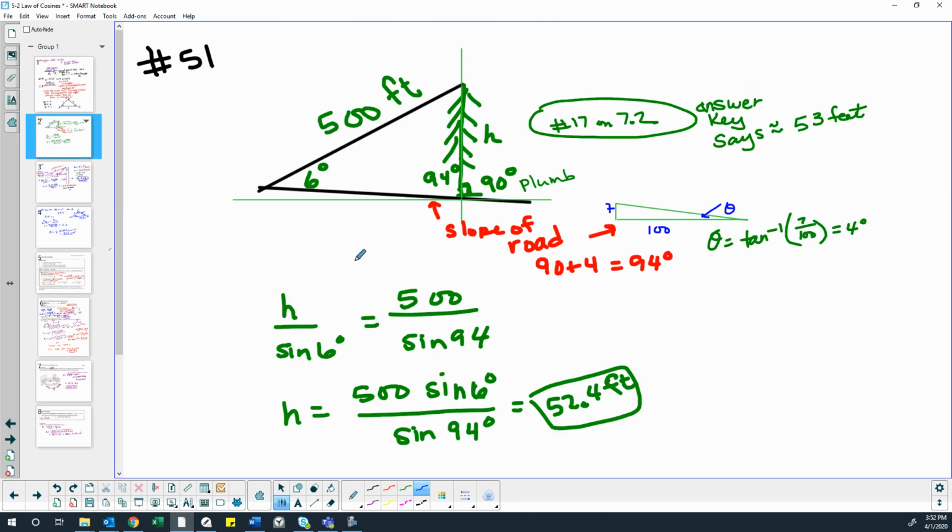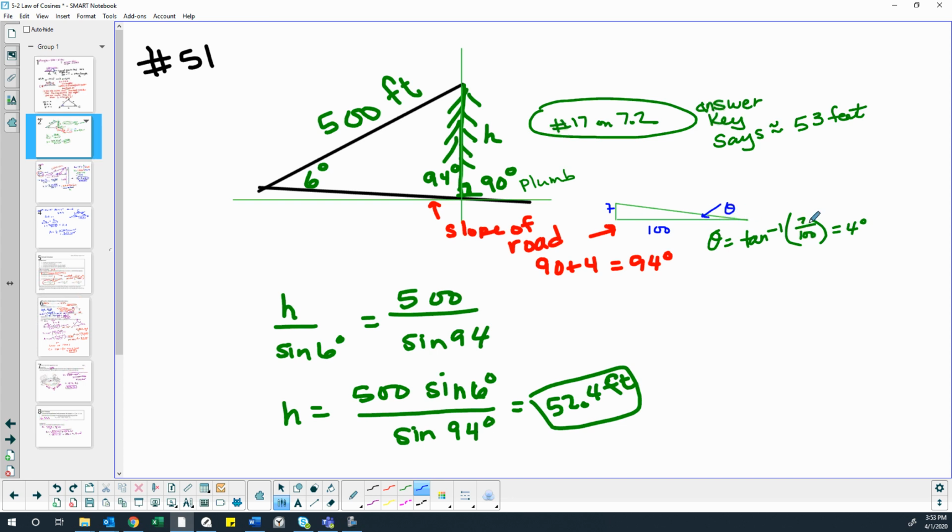We went ahead and looked at question 51 from the homework. We have a tree that's plumb to the earth, more or less. So this green line here is representing the earth and the tree perpendicular to that, so that would be a 90-degree angle. But we're driving up a sloped road. If you look at the box on the page with the homework, it talks about how a 7% grade is going up 7 feet for every 100 feet.